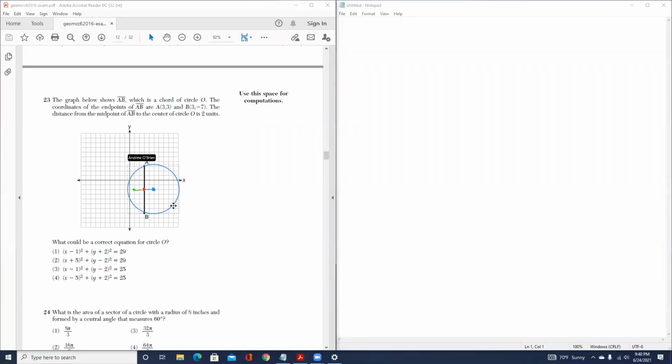So continuing on this, this is a circle which is identical in measure, but in this case, it has a center which is 2 units to the left of the midpoint of the chord. What could be a correct equation for circle O?